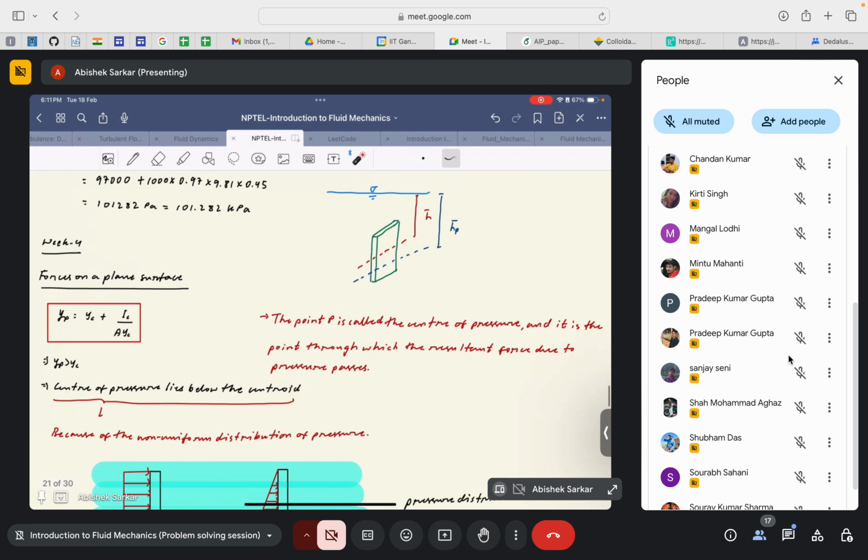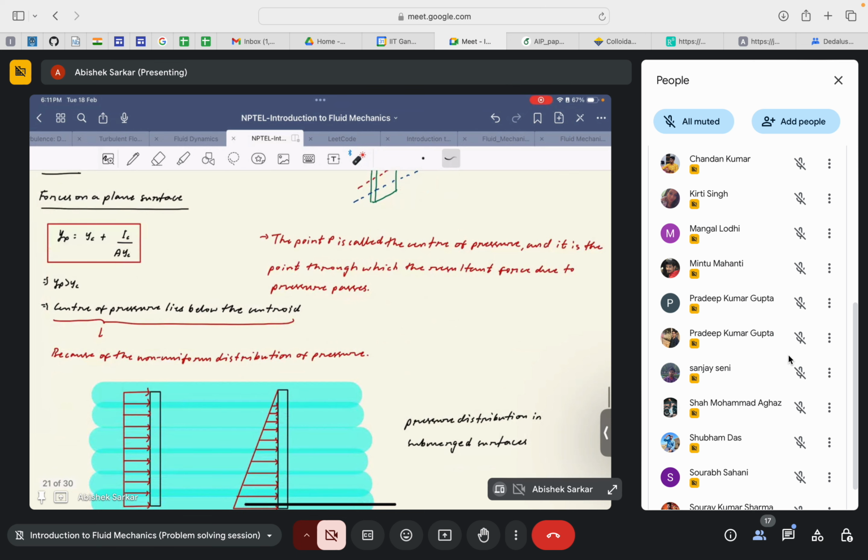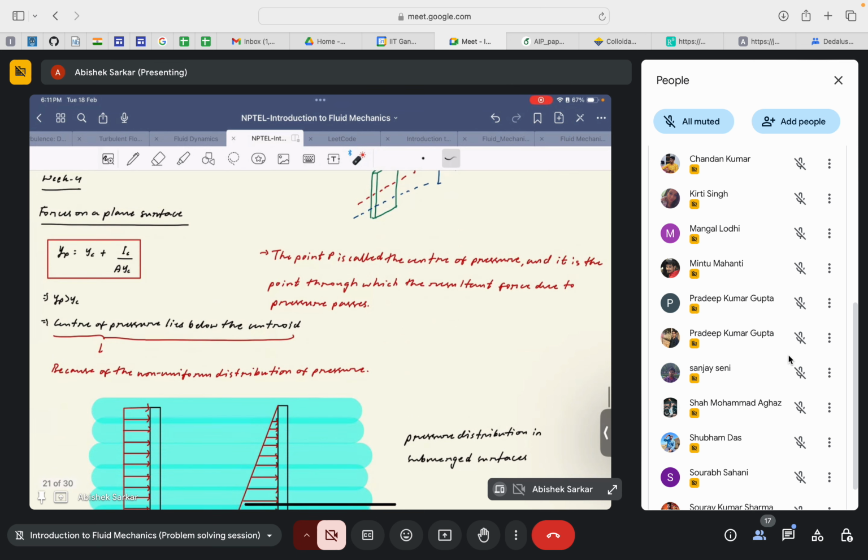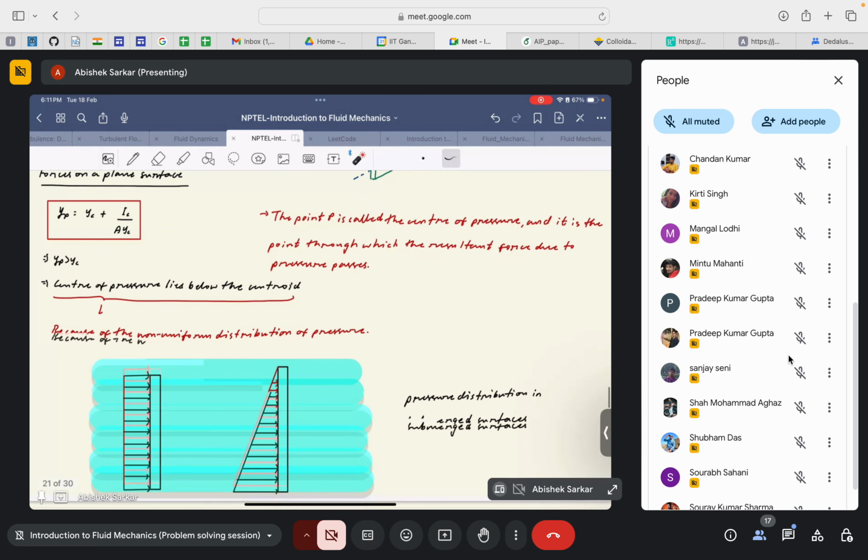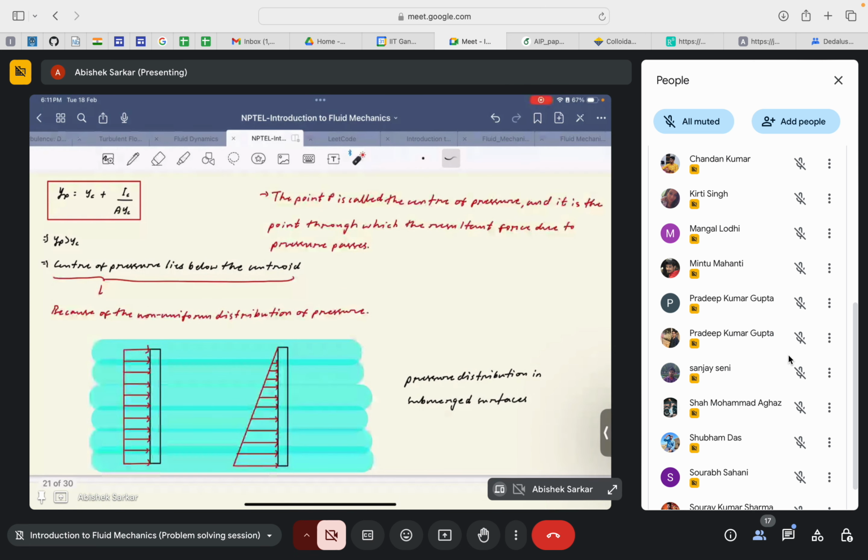The main reason behind this discrepancy between the center of pressure and the center of gravity is the pressure distribution. In last week's discussion, we ended with the hydrostatic law that stated dP by dZ is equal to minus rho g.